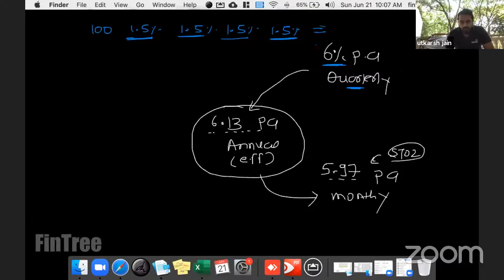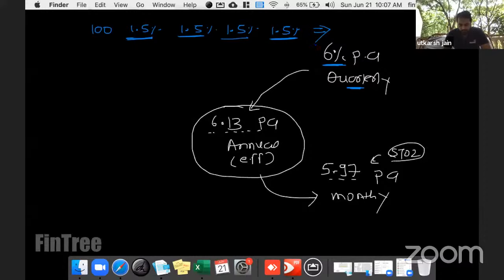So what happens at the end of the fourth quarter? Let me do it like how we would do if we were in school. You can do this with me also. You can say 100 plus 1.5 percent equals 101.5, plus 1.5 percent equals interest on interest, plus 1.5 percent, 4 times.